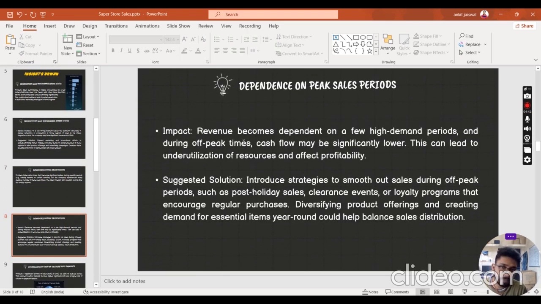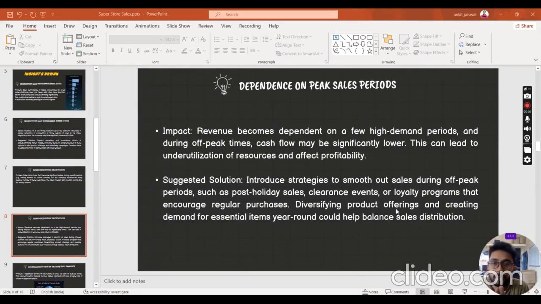So what could be the impact? The impact is very obvious. Revenue becomes dependent on a few high-demand periods in some specific months, and outside the peak time our cash flow may go very low. We will run out of cash. This can lead to underutilization of resources and affect profitability.